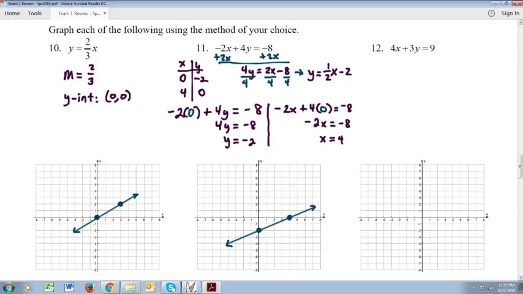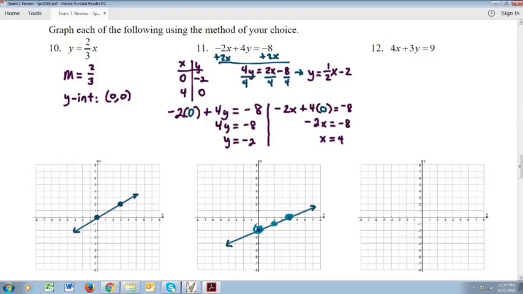Notice in this graph, if you start at our y-intercept 0, -2, which we had already graphed, and then you go up 1 and right 2, that would put you here. And up 1, right 2, you'd be at this other point. And so either way, you get the same line. So you should choose the technique you prefer. Let's go ahead and move on to number 12. But I do want to mention that you should be able to do both of these.